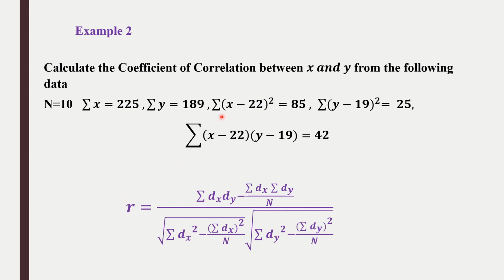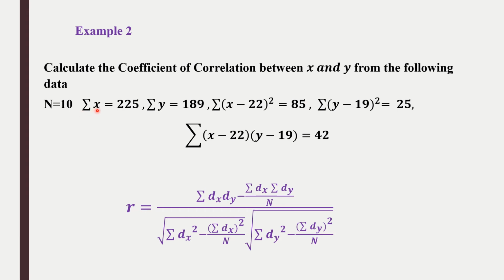So for that, now if I assume X minus 22 as dx and Y minus 19 as dy, we can write this as dx square. This is summation dy square, summation dx dy. So we are given summation dx dy, summation dx square, and summation dy square. But summation dx and summation dy are not given.